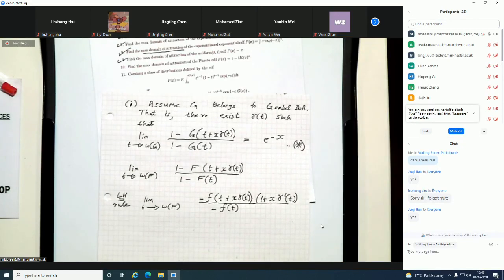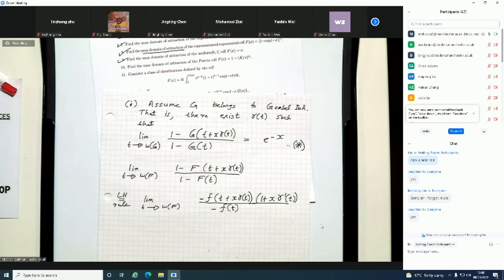Why is the derivative of t plus x gamma t to be 1 plus x? X is fixed. So we are differentiating with respect to t.